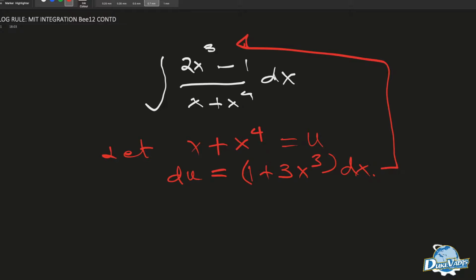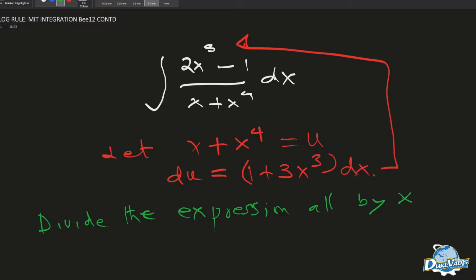Then somebody will say, if that is the case, why don't we divide the equation all through by x? Let's divide the expression all through by x.